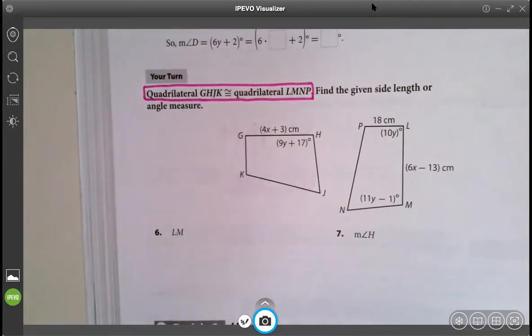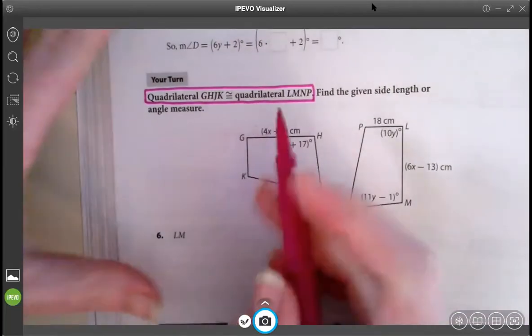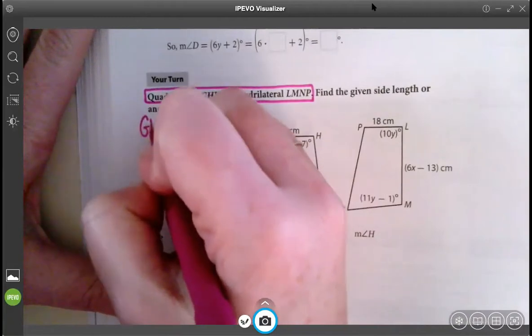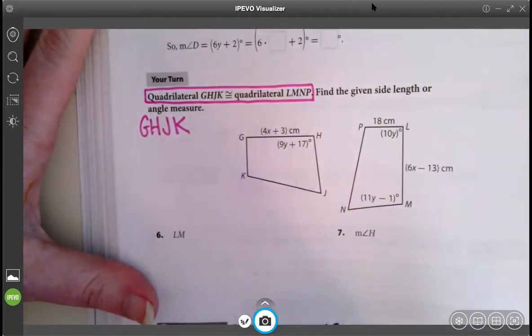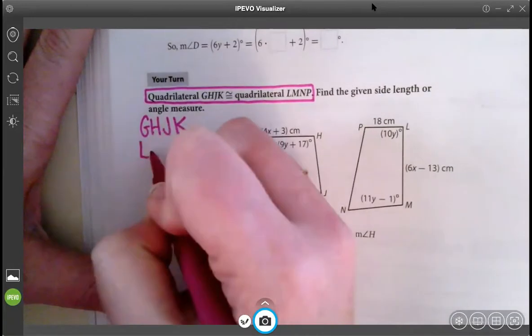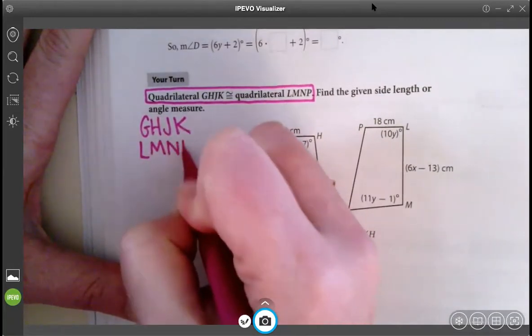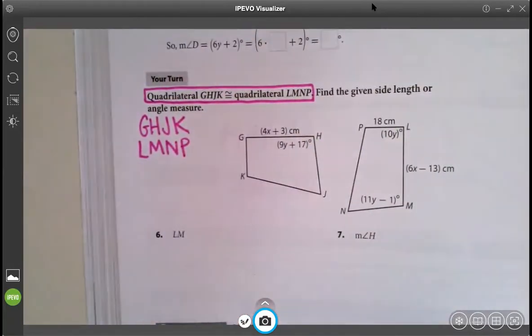It could be anything. So there's no symbol for just a regular quadrilateral, but you can put the word out there. And this still means the same exact information. It means that G and H and J and K match up respectively with L, M, N, and P. Just like that.